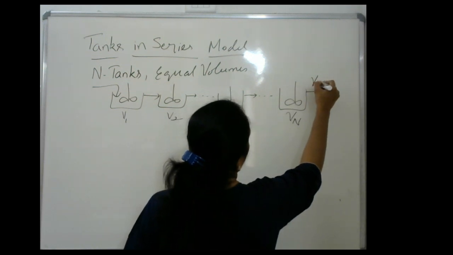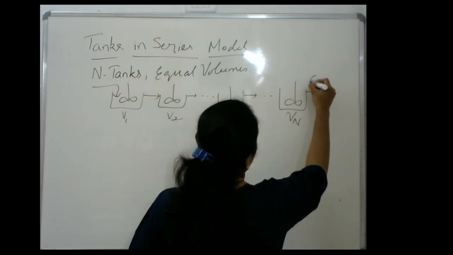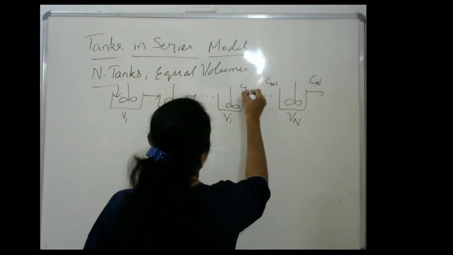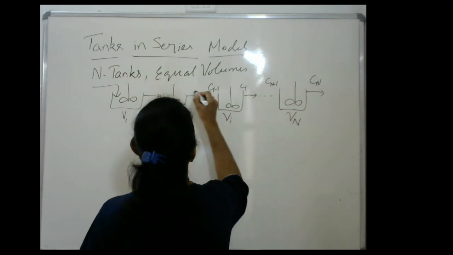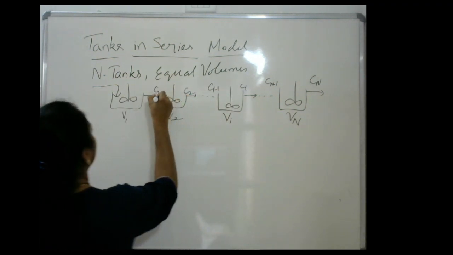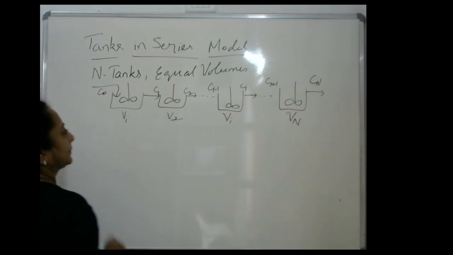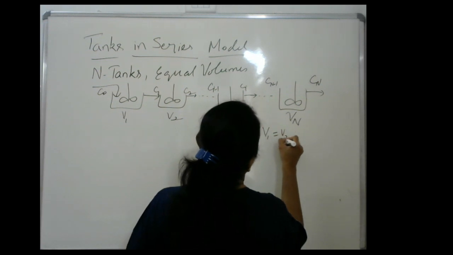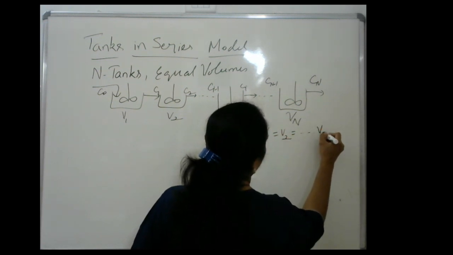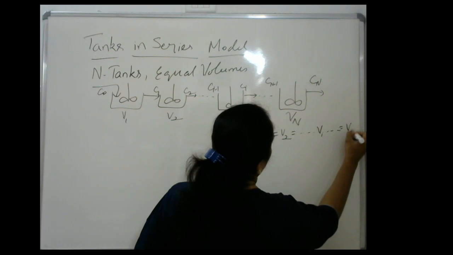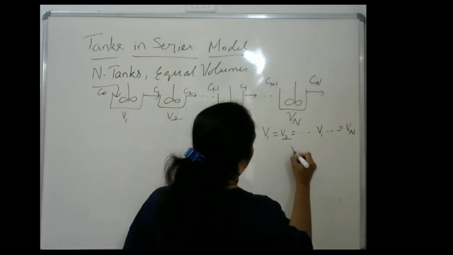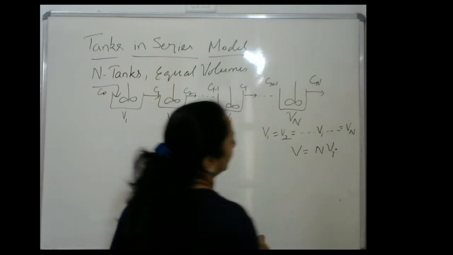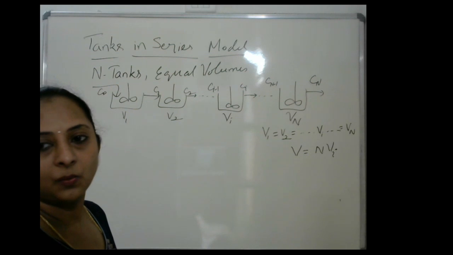So this will be n, Cn minus 1, Ci minus 1, C2, C1, C0. Okay. And let me write here V1 equal to V2 equal to Vi equal to Vn. So the total V will be n times the individual volumes.